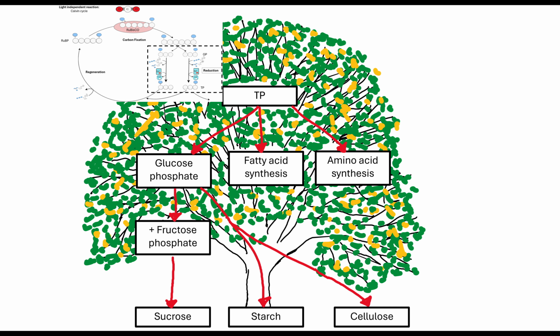Amino acids can therefore then be joined together in protein synthesis through the process of translation, resulting in the growth of the plant. So it's important that we understand the light independent reaction requires the products of the light dependent reaction and the presence of carbon dioxide. And I'll do a whole video on limiting factors that will affect the rate of photosynthesis.